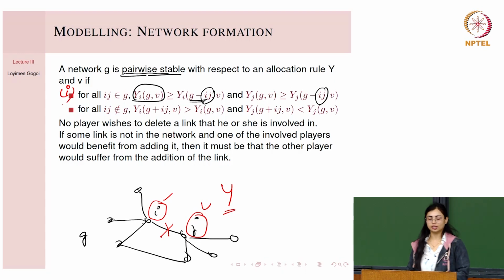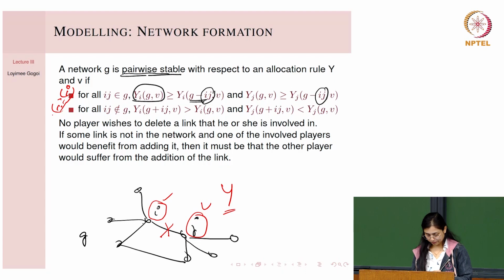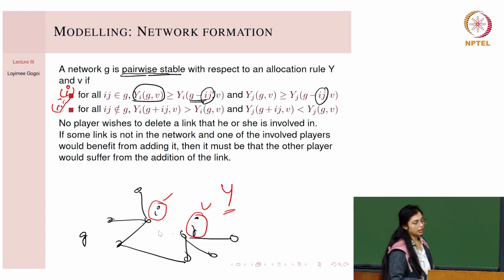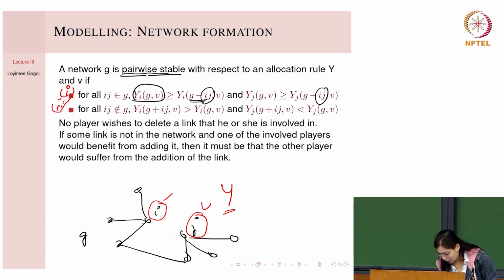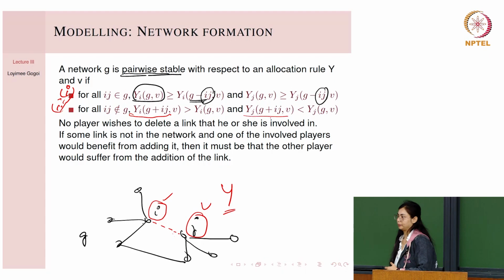The second condition is that somehow there is no link between i and j, and if they want to form a link, but i is getting more while j is not getting more after forming that link.